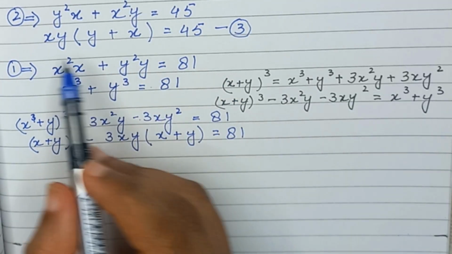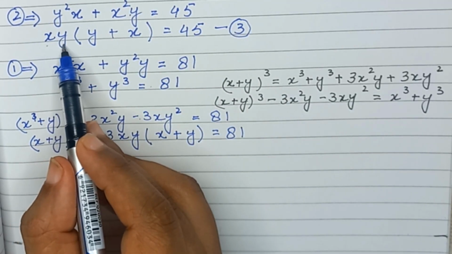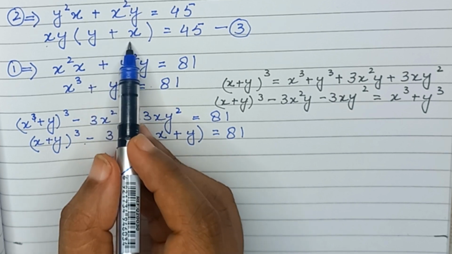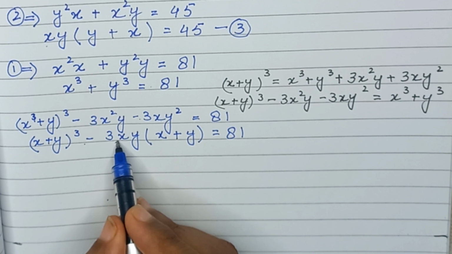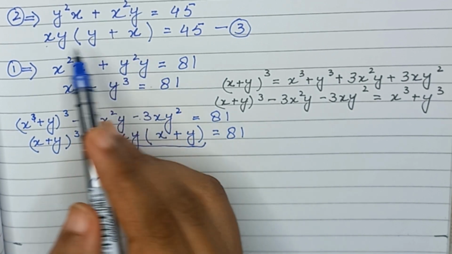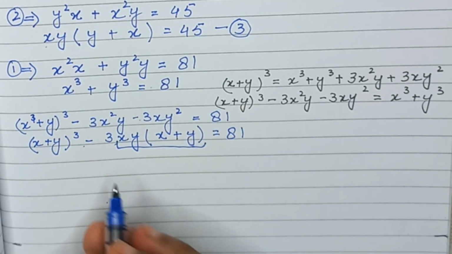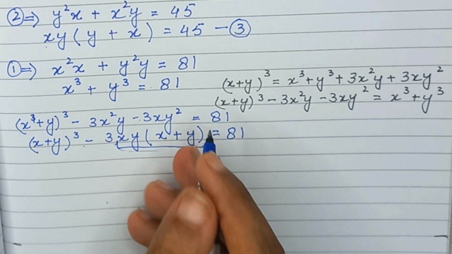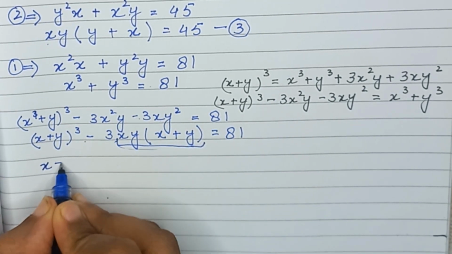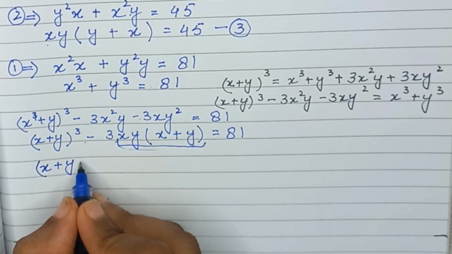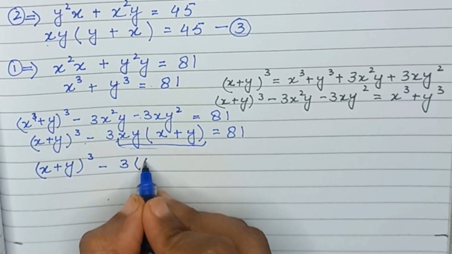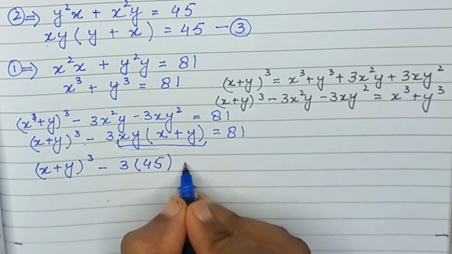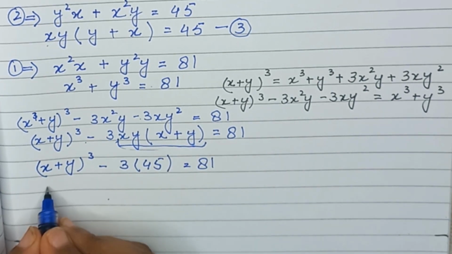Now from equation number 3 we can see that xy into y plus x is the same as x plus y. So xy into x plus y is equal to 45. So we will replace it with 45. So it will become x plus y whole cube minus 3 times 45 is equal to 81.